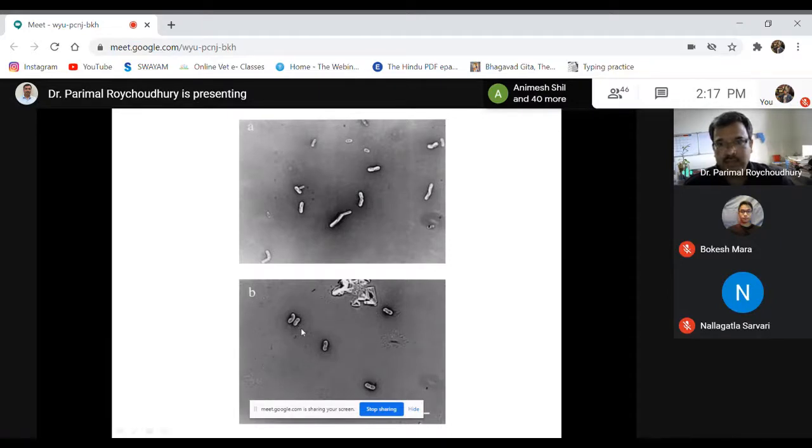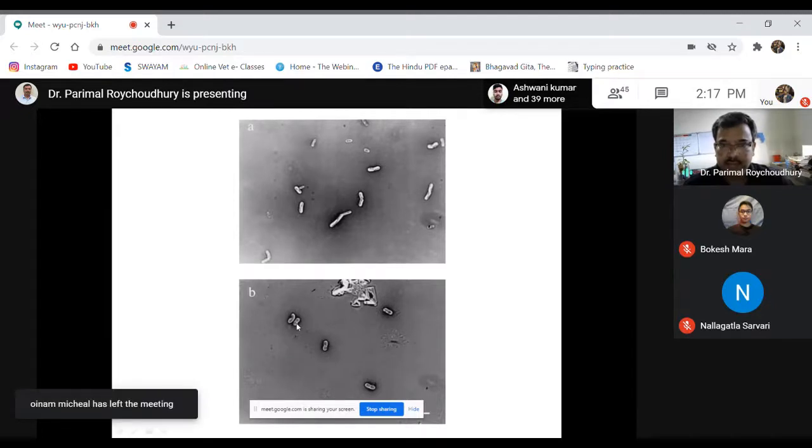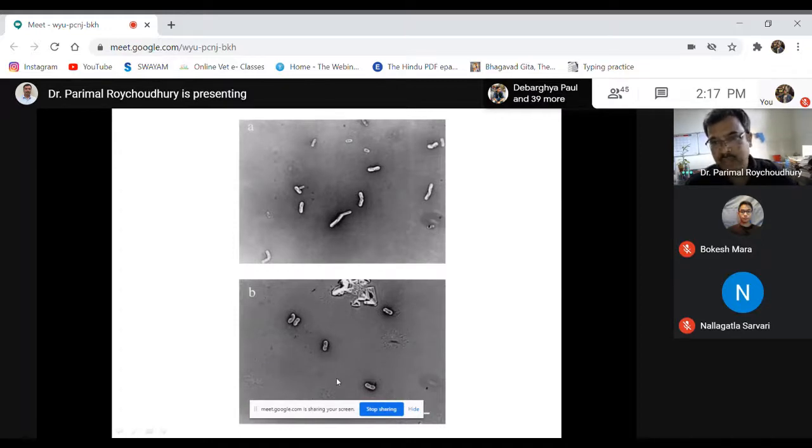Here you can also see the secondary staining has been applied, where the cell wall is taking the color, but between the cell wall and the periphery we can see this non-stained area. This is the capsule possessed by this bacteria. Here you can see two bacteria together where the bacteria is taking the color and the capsule is transparent.